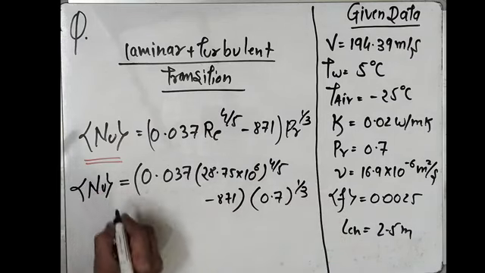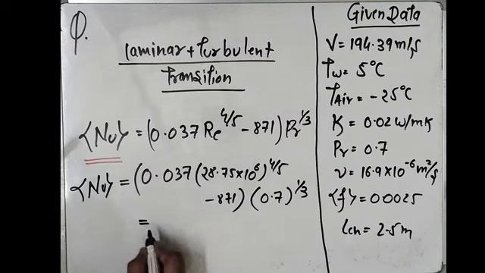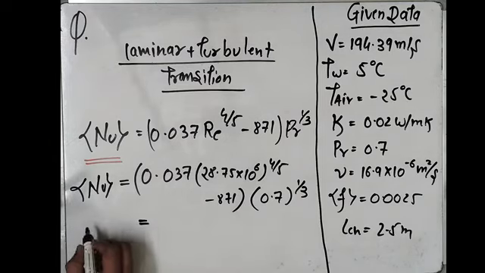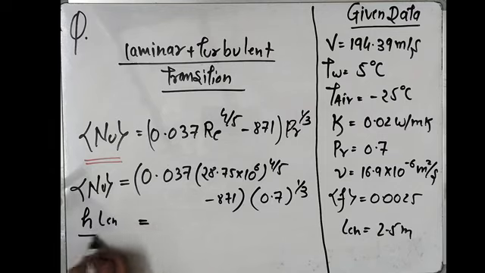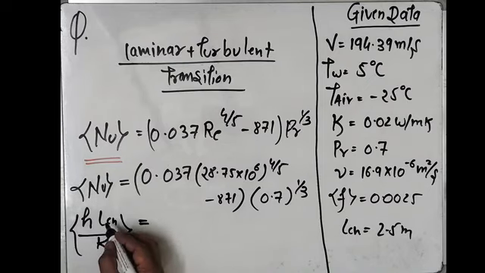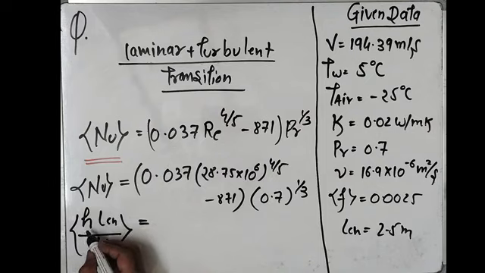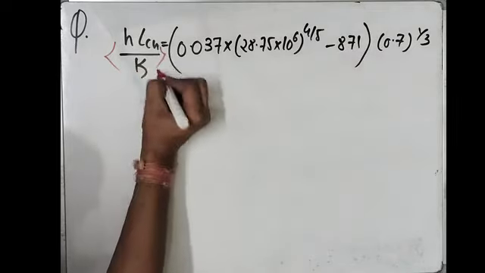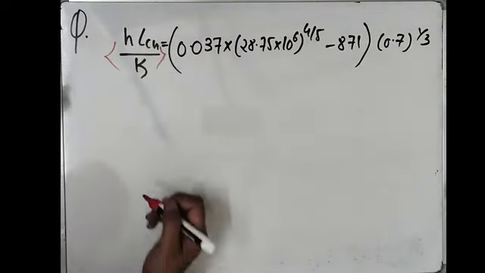Here the Nusselt number can be expanded further like h L_c by k, where the thermal conductivity is given to us, the characteristic length is given to us, and we have to find the heat transfer coefficient. This is the equation that we obtain.